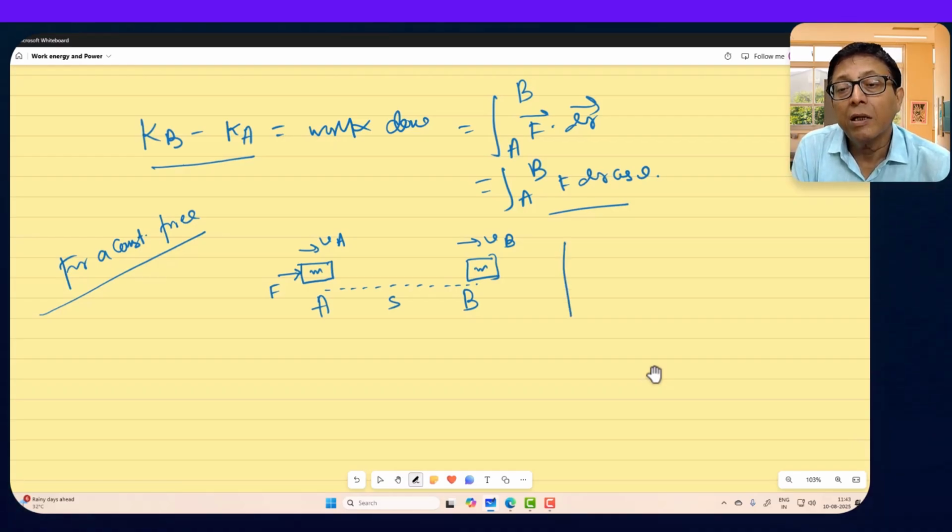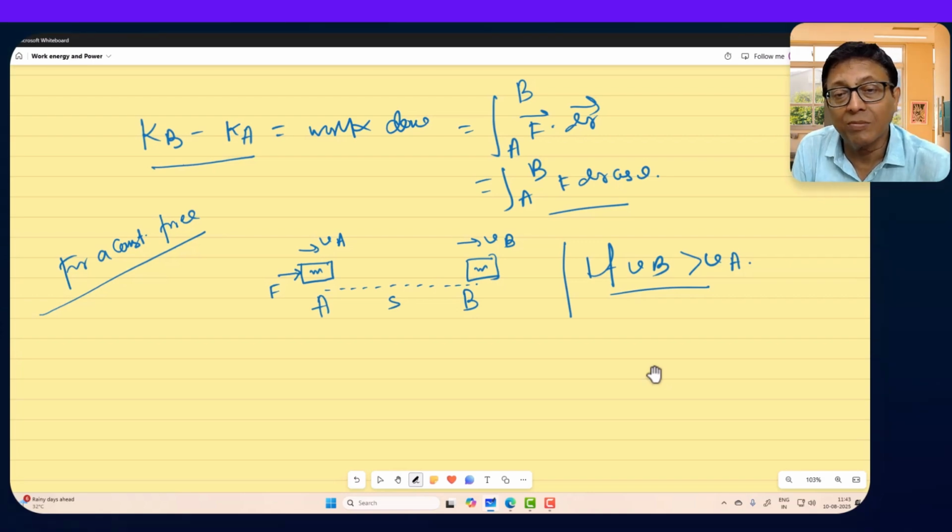Then if Vb is greater than Va, the force must have acted along the direction of displacement, and the work done in this case will be calculated by finding the force acting on the particle.